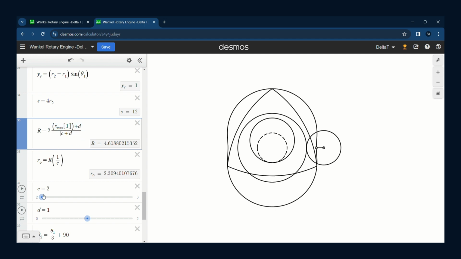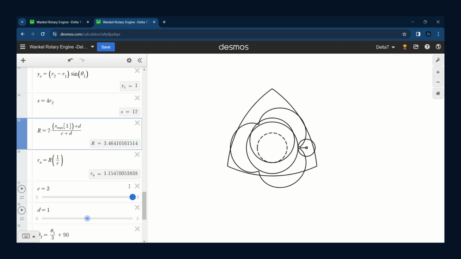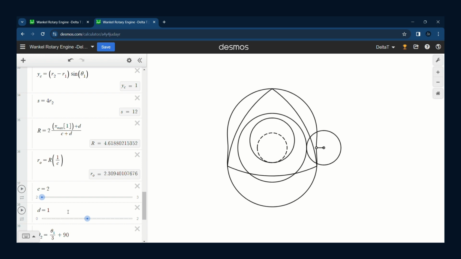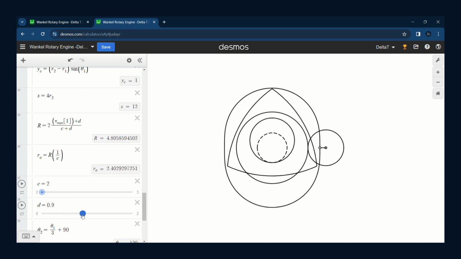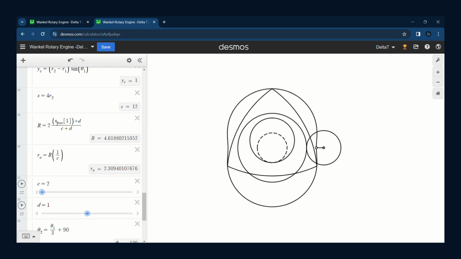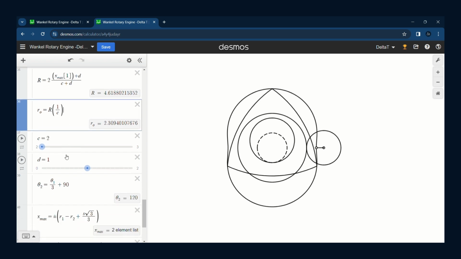So c is the number of chambers in this case, so if we were to turn this up to 3, we can see that we get 3 chambers, but it doesn't really work that way. And then d, as we can see, is the distance from the center of the inner circle. And I'll talk more about x sub max in a second. And then, as we can see, r sub o is the radius of the outer circle, and it's just this inner radius scaled down by the number of chambers, which has to be 2.